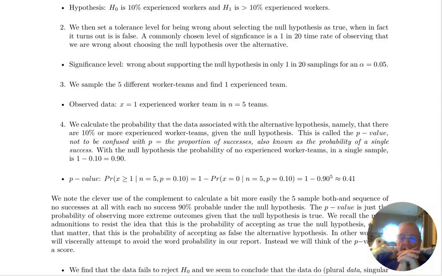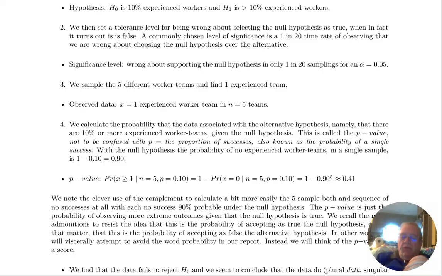And that's greater than or equal to 1. Okay, there's more than 1. X equals 1, greater than 1, which means there's 2, 3, 4, 5, up to 5. So what is the probability that it's greater than or equal to 1, which means what's the probability of it being non-null, I guess? It's hard for me to even say that out loud.